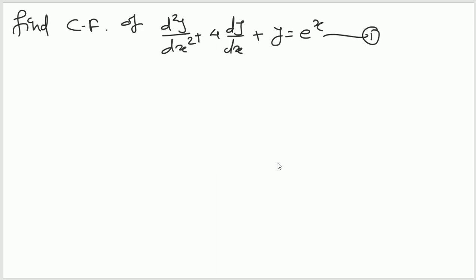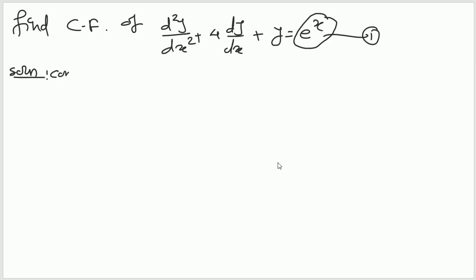So solution. Now we know that while finding complementary function, we don't have to worry about this RHS, right hand side. Okay, so we have to consider the homogeneous differential equation.